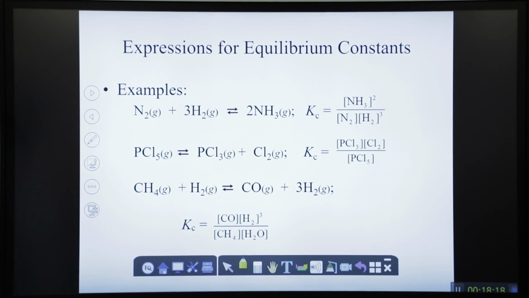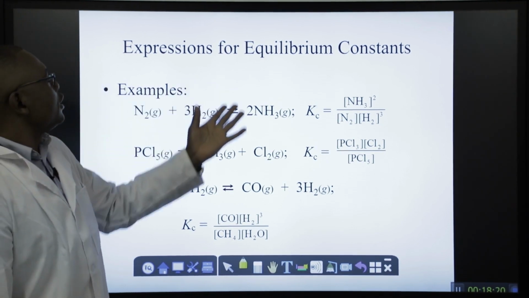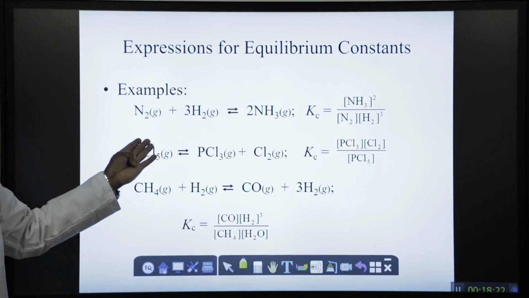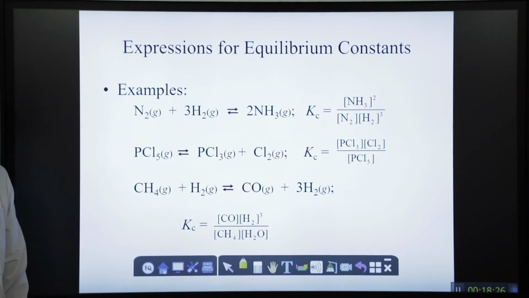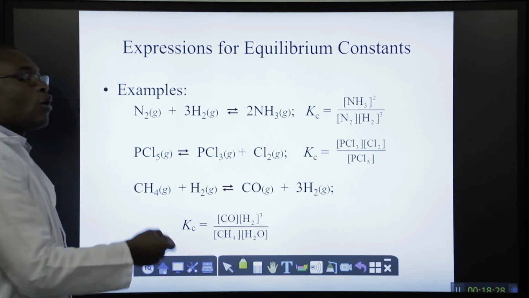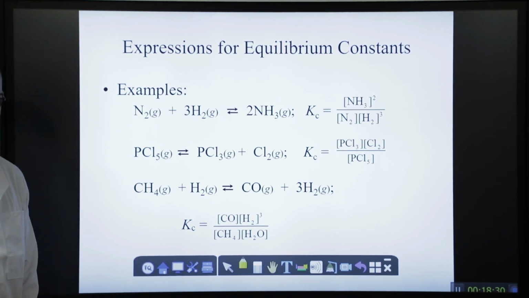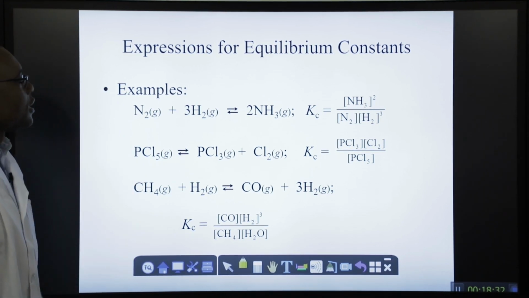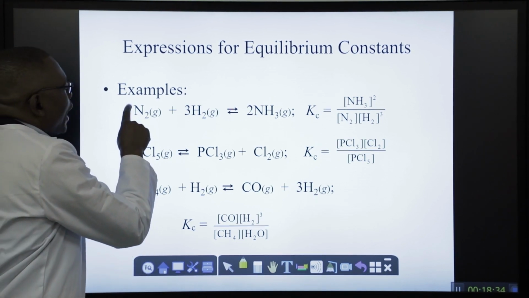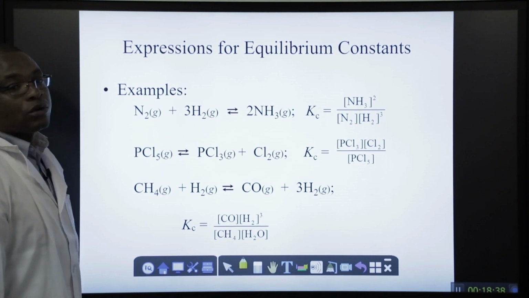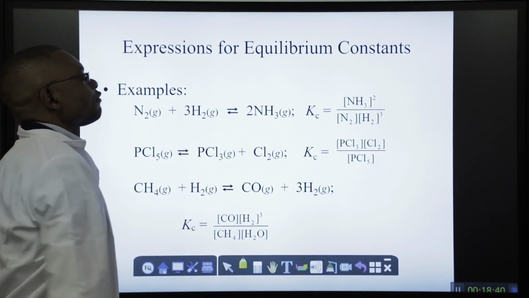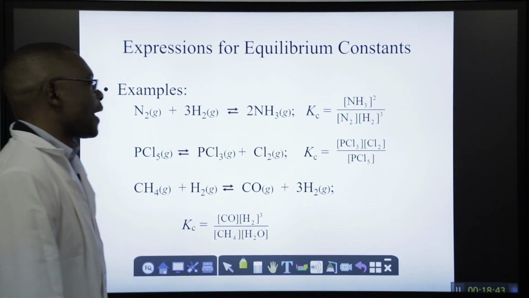So here we are given an example where you've got nitrogen reacting with hydrogen to give us ammonia. Please take note of the molar ratios or concentrations of these substances. So here you see that this is 1 mole of nitrogen reacting with 3 moles of hydrogen to give us 2 moles of ammonia.